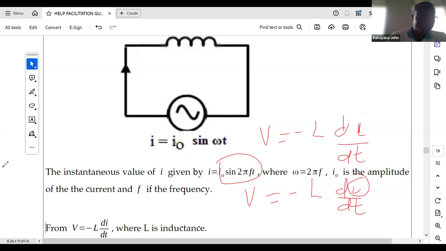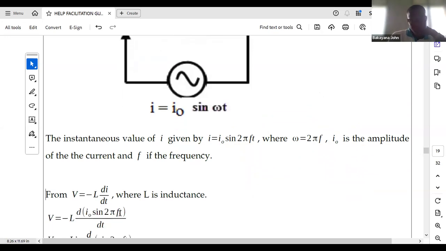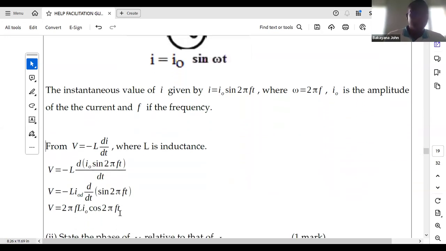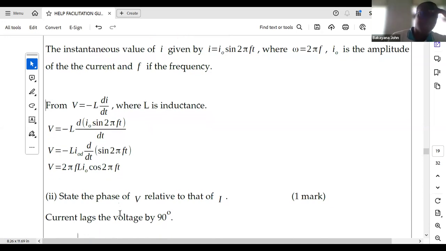So we have negative L d dt, where we substitute for the sinusoidal current its value.